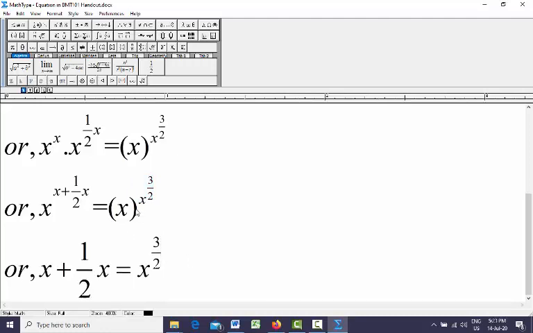I'm saying again, here also base x, here also base x, and here base x. We can remove these two x because the bases are the same on the left hand side and right hand side.